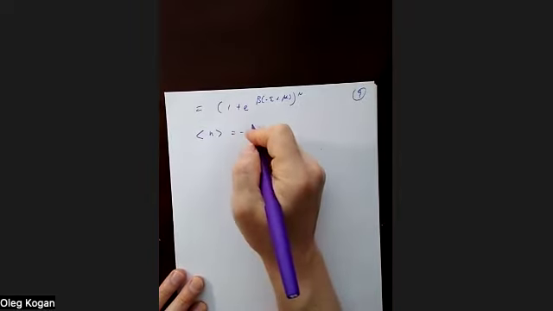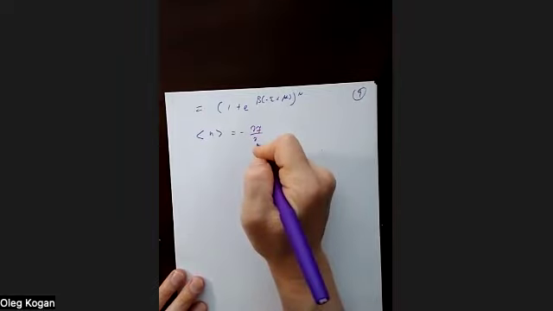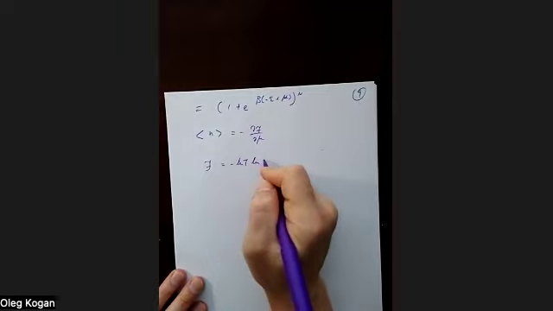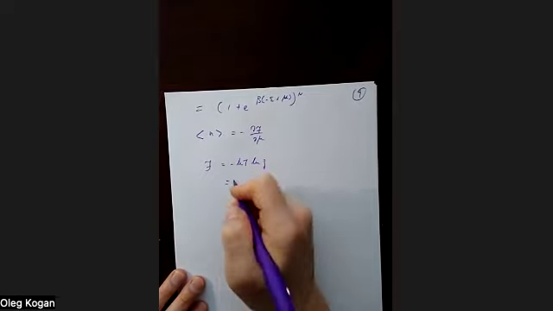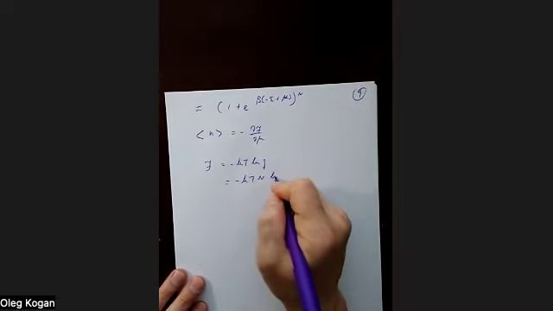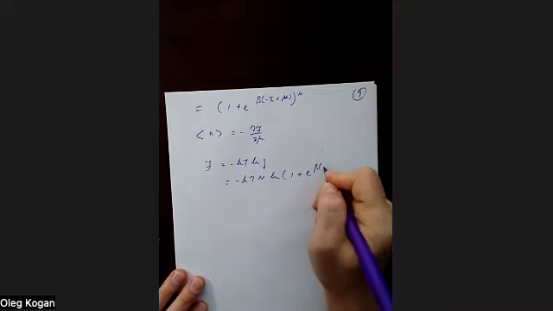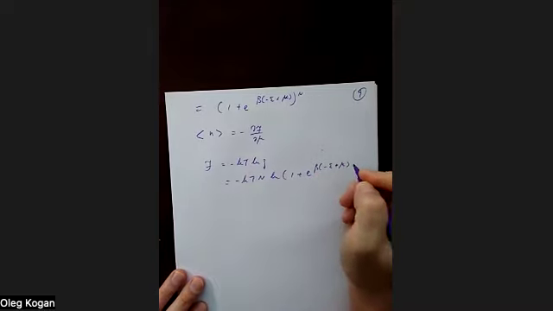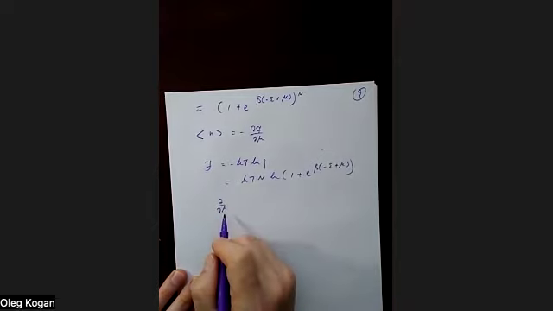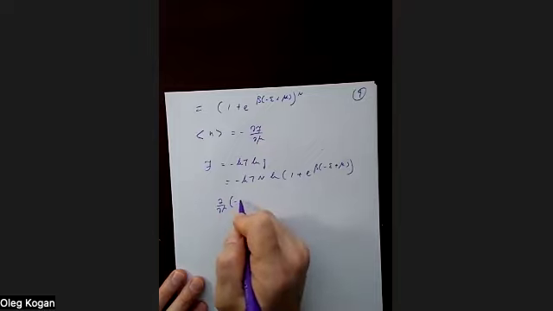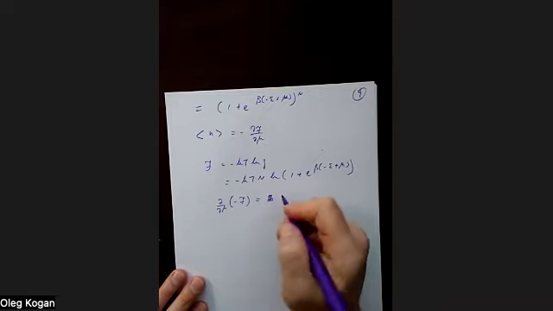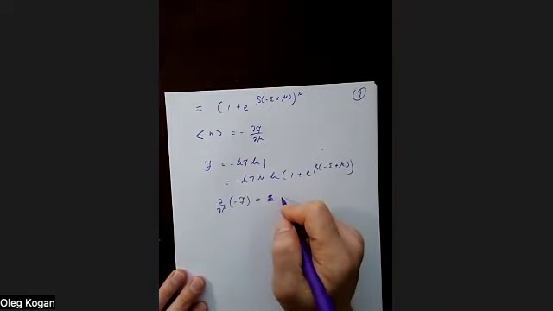It was minus partial F partial mu. Now F is minus kT log of the grand canonical partition function, which is minus kT. When you take the log, you bring the N down, times the log of 1 plus e to the beta minus epsilon plus mu, like this. And now I'm just going to take the derivative, and minus times minus gives a plus.